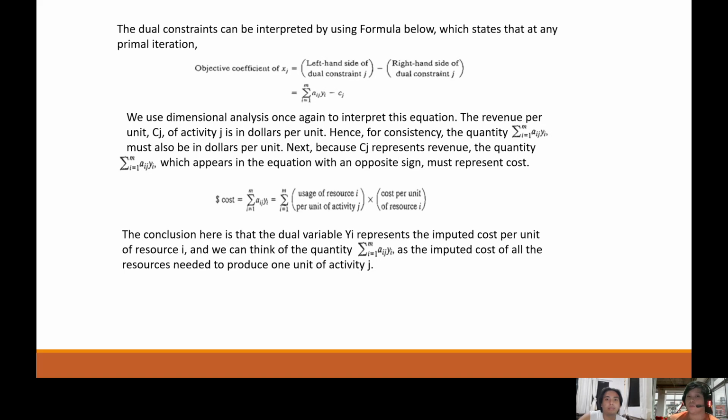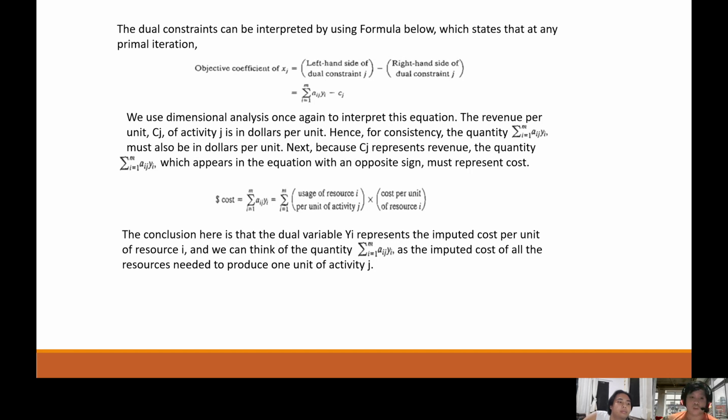The dual constraints can be interpreted using the status of any primal iteration. The objective coefficient of xj is equal to the left side of dual constraint j minus the right-hand side of dual constraint j. We use dimensional analysis once again to interpret this equation.